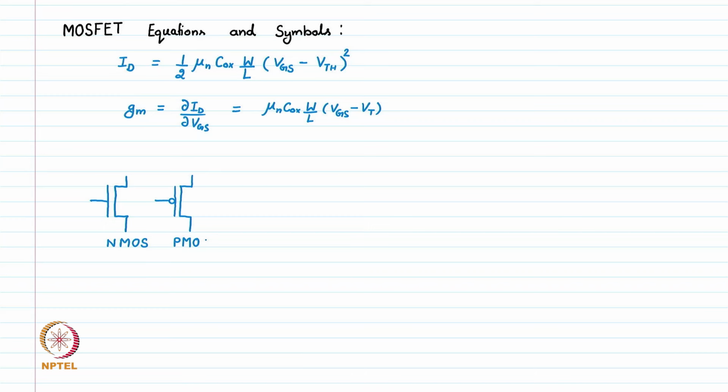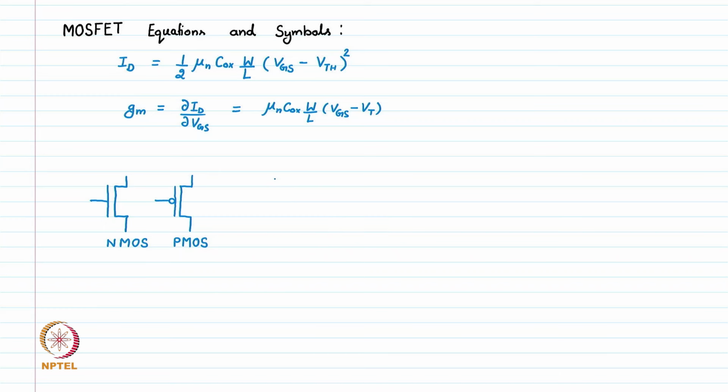This is the symbol we generally use for digital design, where the gate without any NOT represents NMOS and a NOT at the gate represents that the logic is inverted, and we typically use this symbol for digital designs.